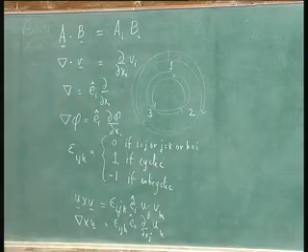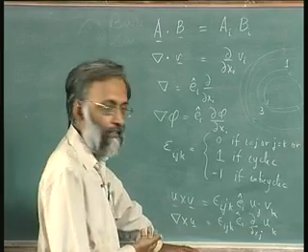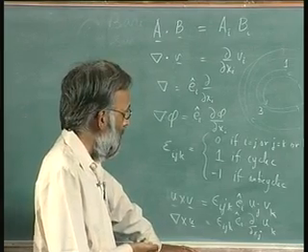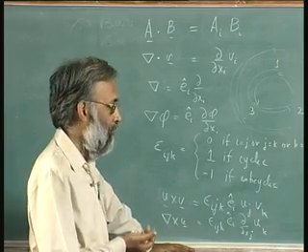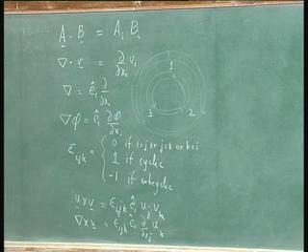What I am going to do is use this notation and derive a general expression for magnetic energy. The way I will do it is to go right back and ask how does energy enter the magnetic field.